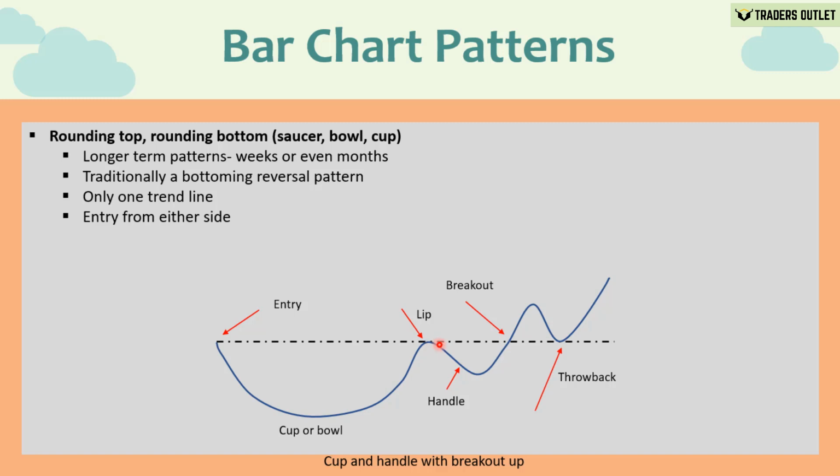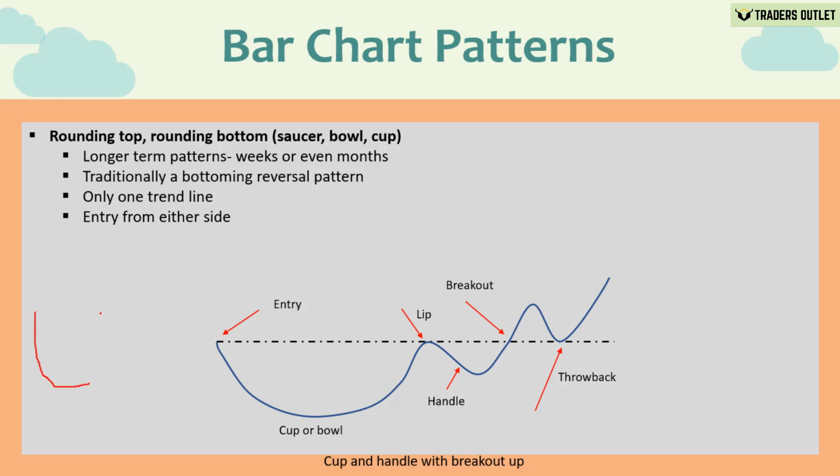It's again touching the resistance line at the top. The prices are consolidating here and then there is a drop. And this is the handle part, right? The handle of the cup. So if you imagine a cup, this is the cup, this is the lip, right? This is my lip and this is a cross section. And now I can draw a cup probably here.